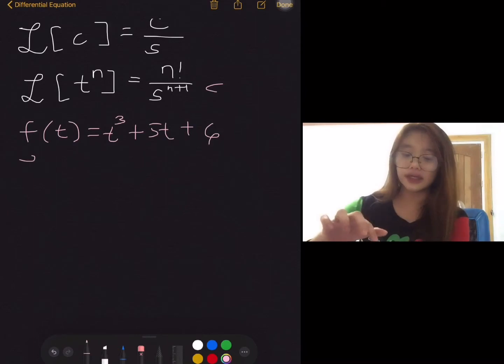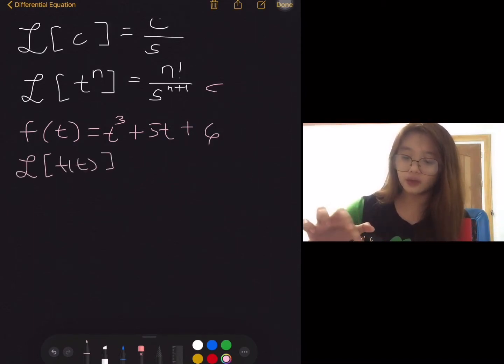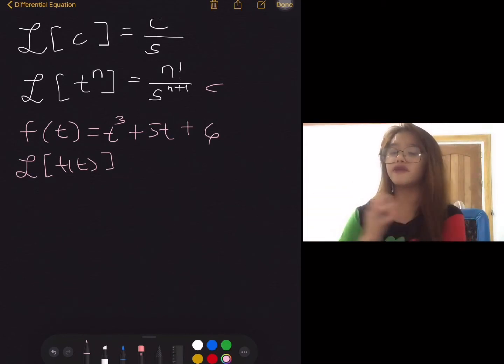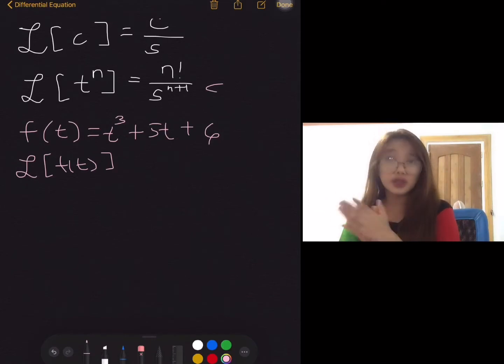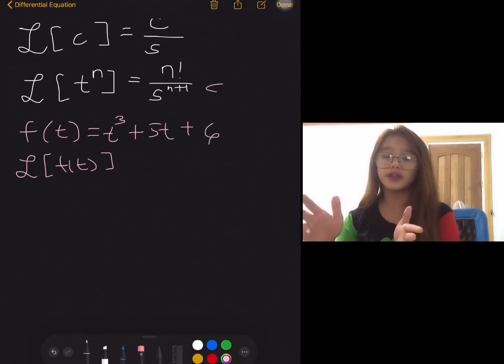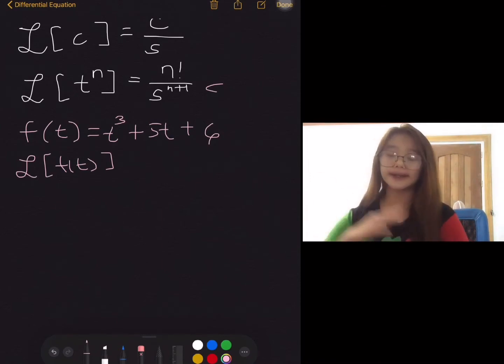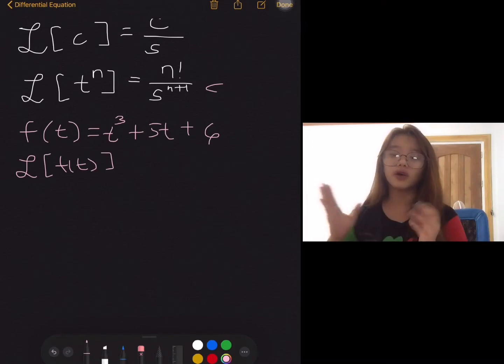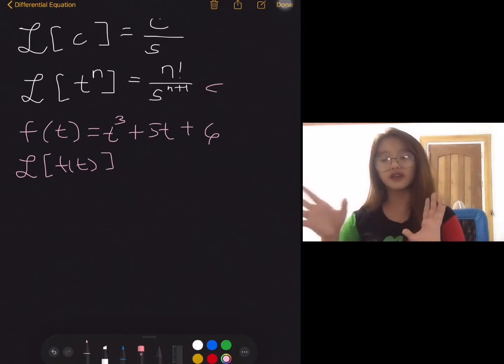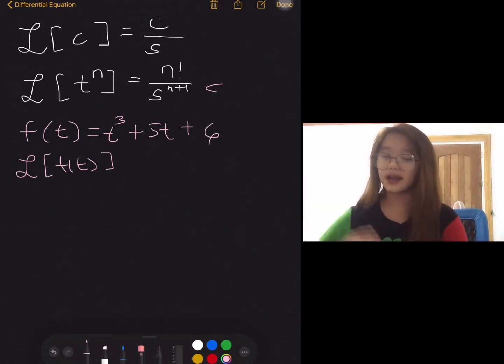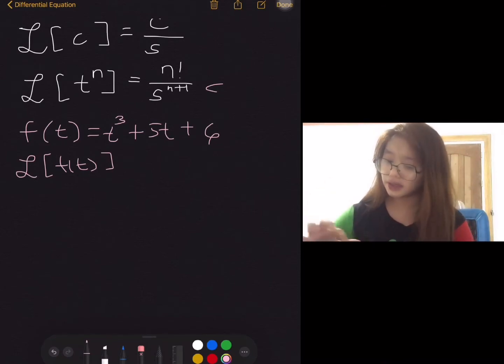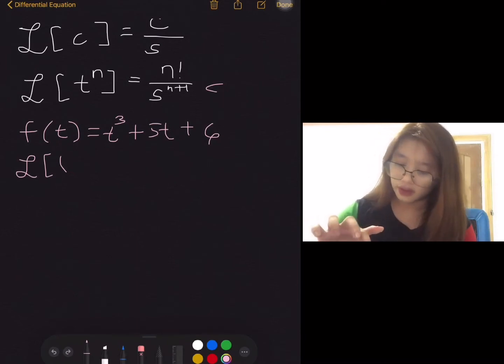So here, let's write again the Laplace transform of f of t. This one is for beginners to easily determine the n. But if you are now used to solving this kind of problem, you can just directly compute the exponent factorial over s, like that. Okay, let me just arrange it.